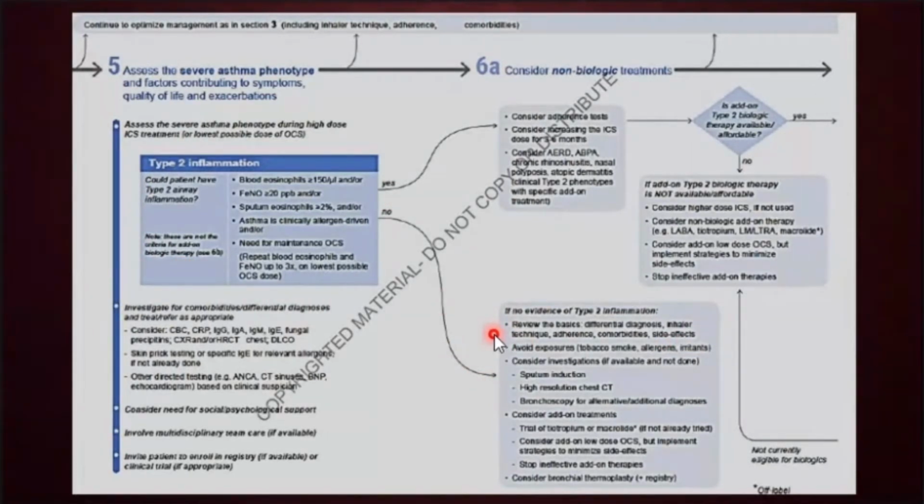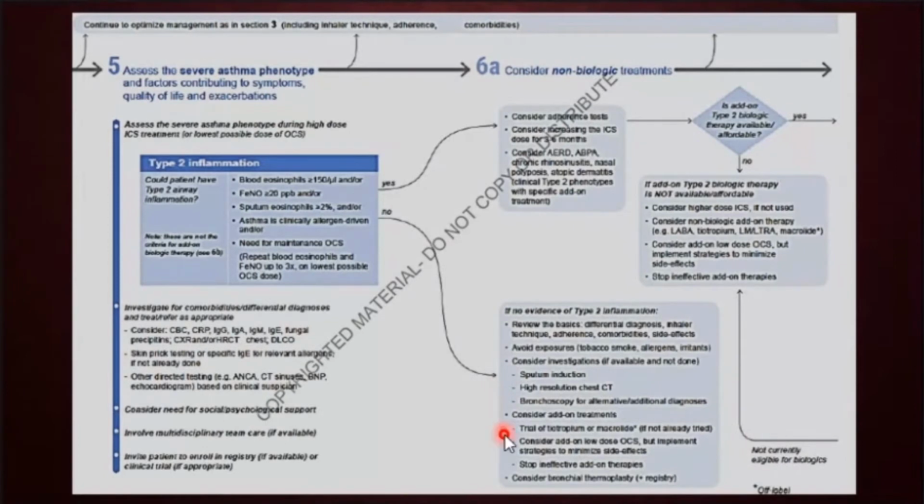again, review the basics. Look at the differential diagnosis. See if there's anything that has been missed. If there's anything other than the asthma which has been missed, which has not been treated, look at the inhaler technique, look at comorbidities and other side effects. Then this is where you can consider other investigations, such as HRCT or bronchoscopy if you think that the sudden onset wheeze is not due to asthma, or if the patient is not behaving like an asthmatic patient.